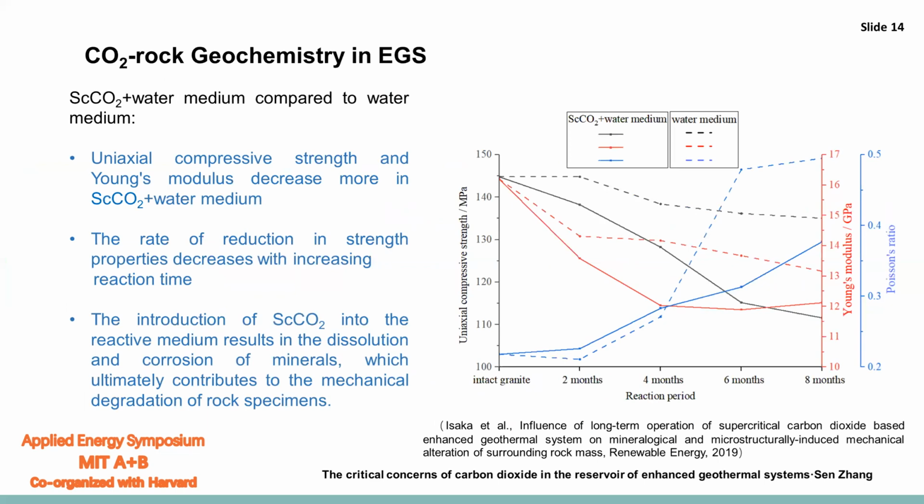Because of the chemical reactions between rocks, water, and the CO2, the uniaxial compressive strength and Young's modulus decrease. And it decreases more if you have the supercritical CO2 in the water media. But keep in mind that pure CO2 does not react with minerals unless there is water inside of the CO2, okay?